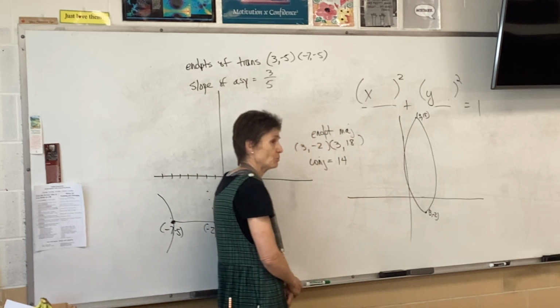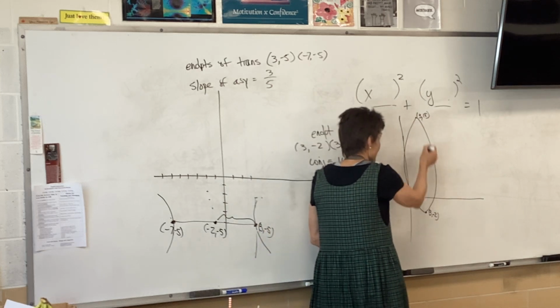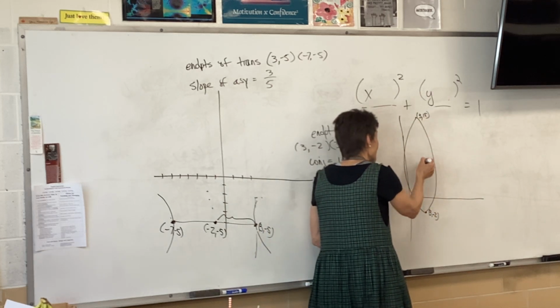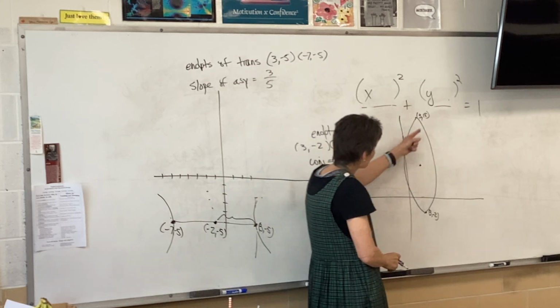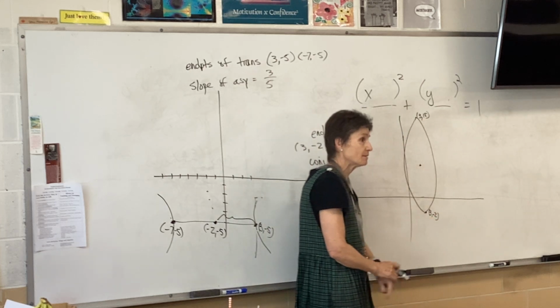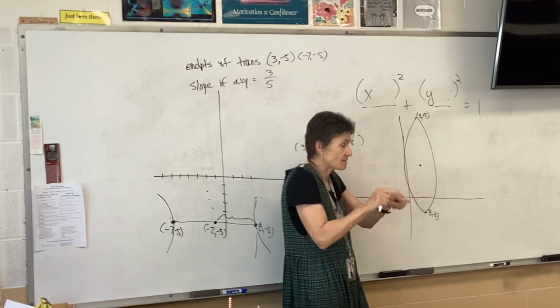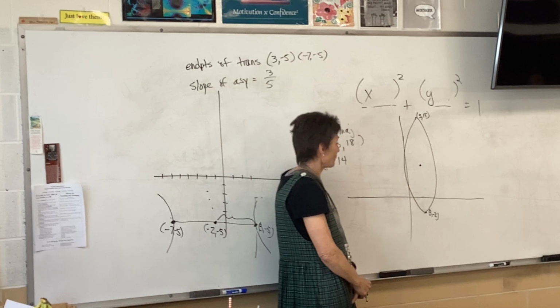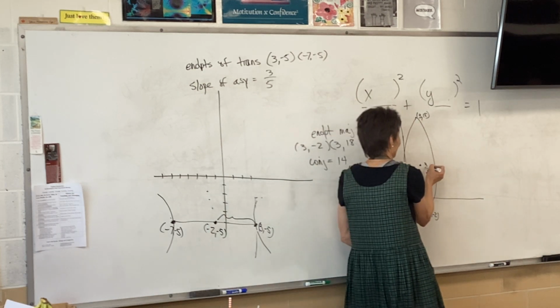Where is my center going to be? Right in the middle of these two, because I count up and down the same amount, right? So that's at 18, that's at -2. On your graph paper, you could start going like this and figure out what the middle is. Or you could average them, and it looks like the middle is 8.